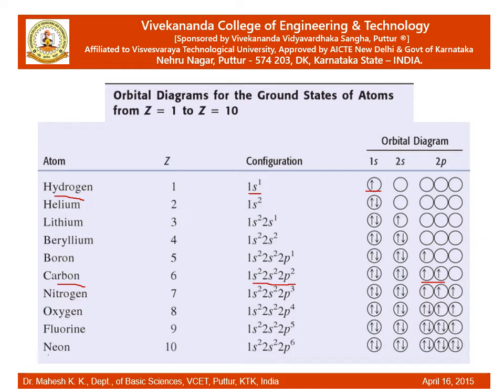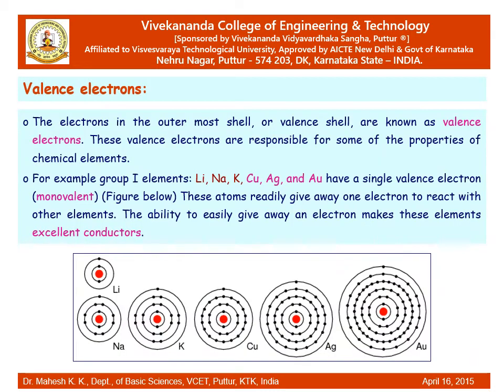And in the case of neon, it is a noble gas wherein all the shells are filled. The electrons in the outermost shell or valence shell are known as valence electrons. These valence electrons are responsible for some properties of chemical elements.